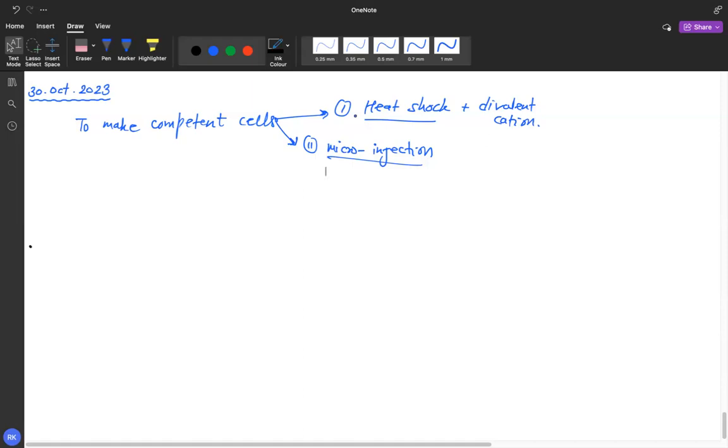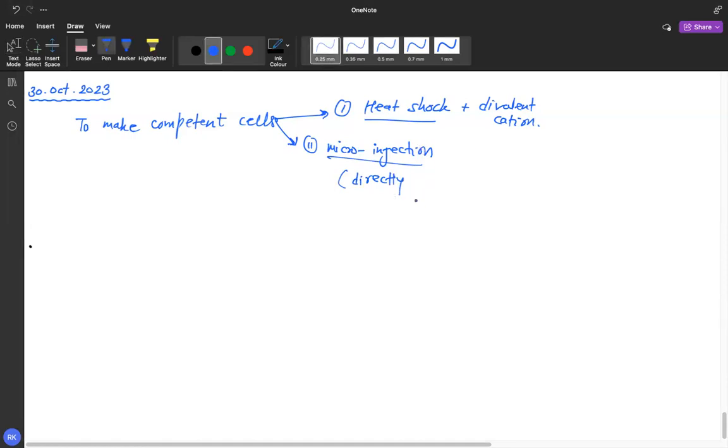It will only be the small poke that the injection creates, and with these tiny microinjections you can directly inject the recombinant DNA into the nucleus of an animal cell. So you can write down microinjection. No need to worry about anything because you directly injected it in the nucleus.